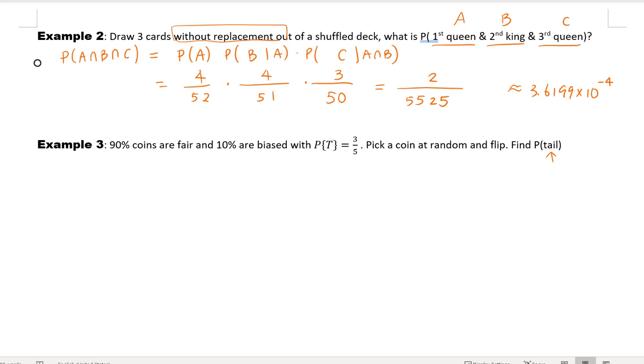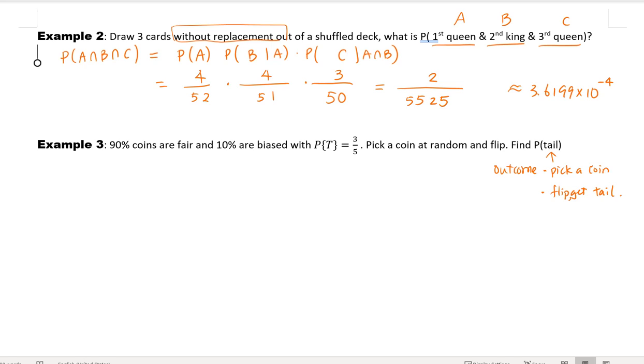First, we pick a coin and flip, and then we get the tail. So the outcome is not only getting a tail, it also includes that we pick a coin first, and then we flip and get a tail.